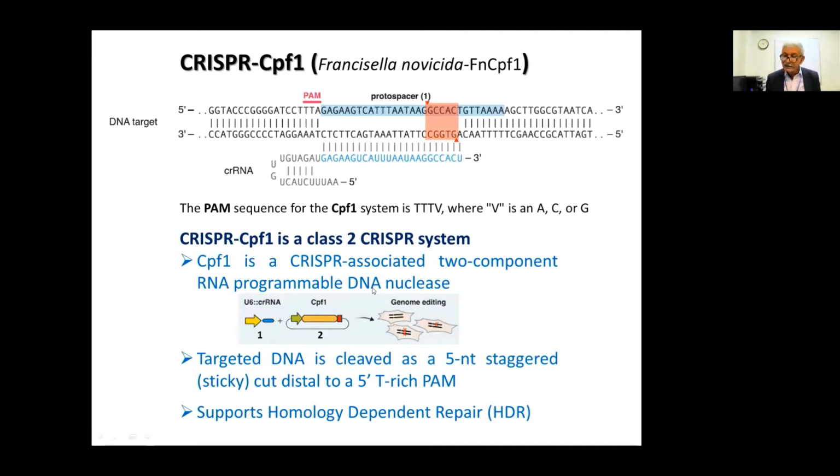The Cas9 always generates a blunt end. CPF1, on the other hand, generates a protruding end. And you know the sequence of the protruding end, and you can design a complementary sequence on the DNA fragment that you want to replace or insert at that particular position.